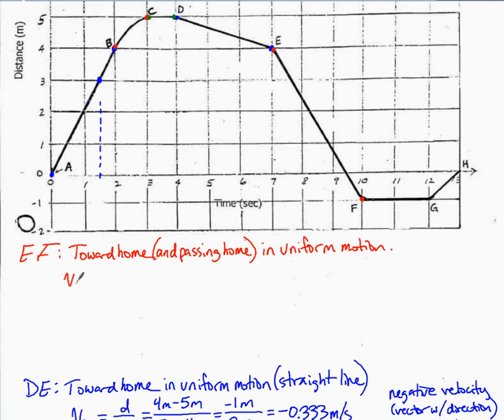We can calculate the average speed over this interval, change in distance over change in time. So here's -1 meter minus 4 meters. And time is 10 seconds minus 7 seconds.